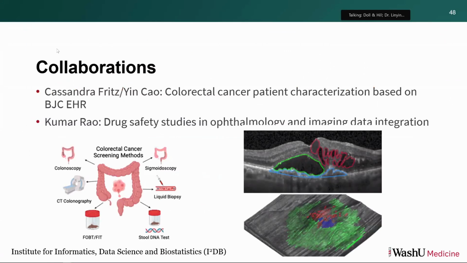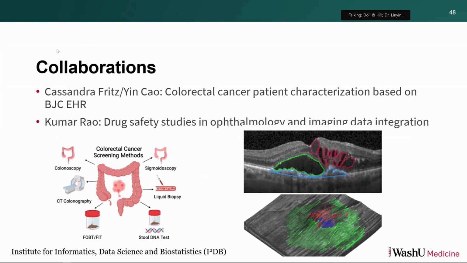And I have some ongoing collaborations with others at WashU Medicine, actually Dr. Inkal and Cassie. We're collaborating on characterizing the colorectal cancer patients within BJC, understanding their age of diagnosis and the symptoms that lead to diagnosis. I've seen some familiar faces here from his team that we have met with for this project.